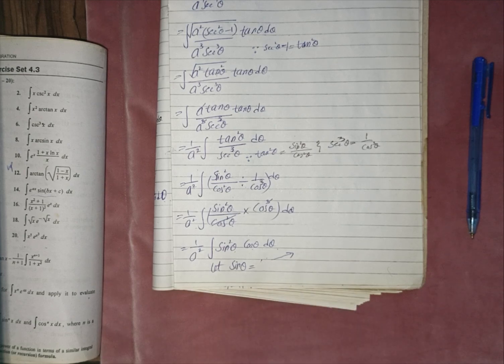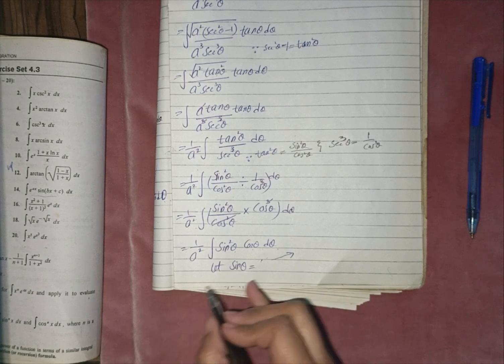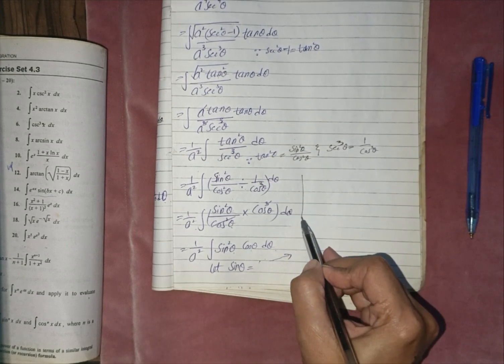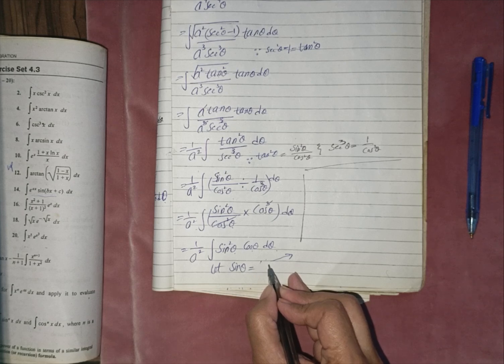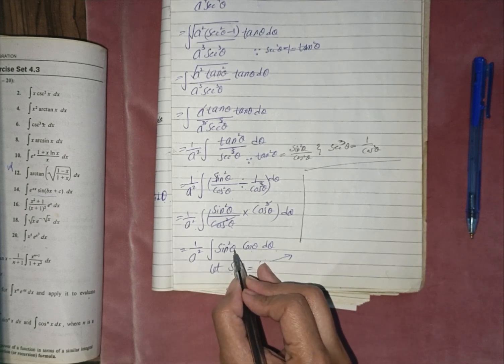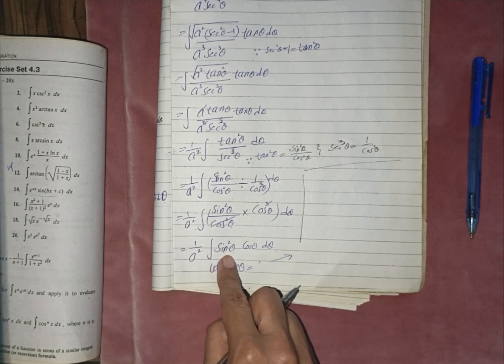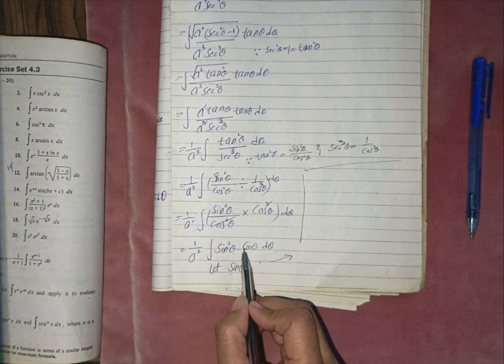Here are two different methods of integration. First is the direct method, and second is another substitution method. If we take the direct method, we see that the derivative of sine theta, that is cos theta, is present along with sine square theta.